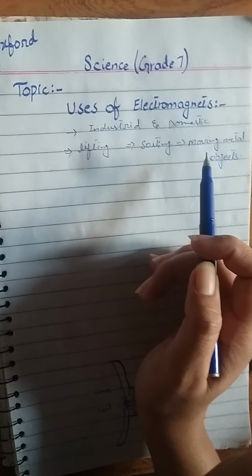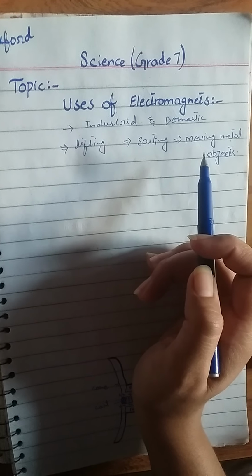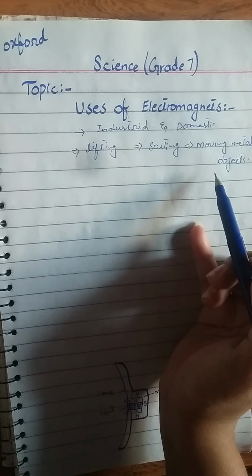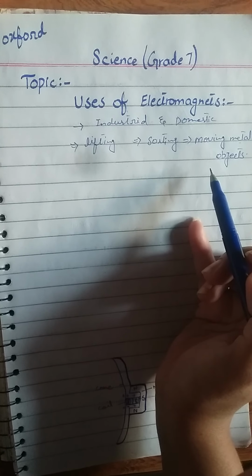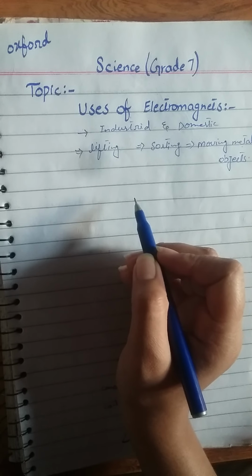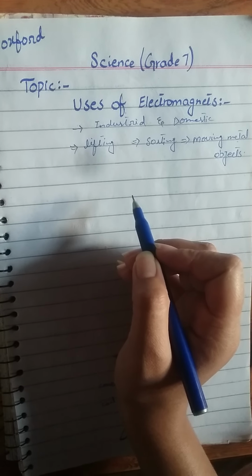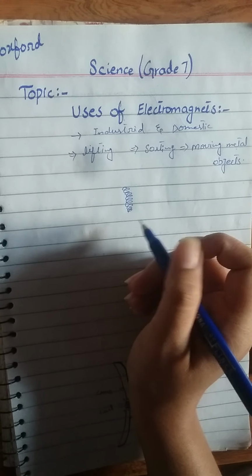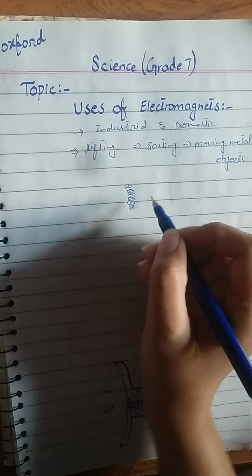Here, I am discussing in detail how they can be used in moving metal objects. Electromagnets actually have a coil of copper wire wound tightly around an iron core. Here, I am explaining it with a diagram. This is the inner core.